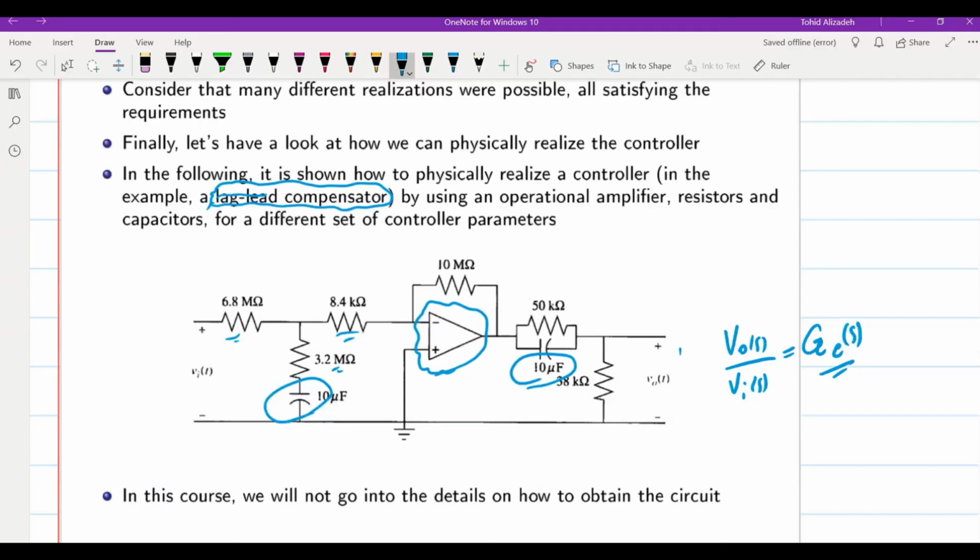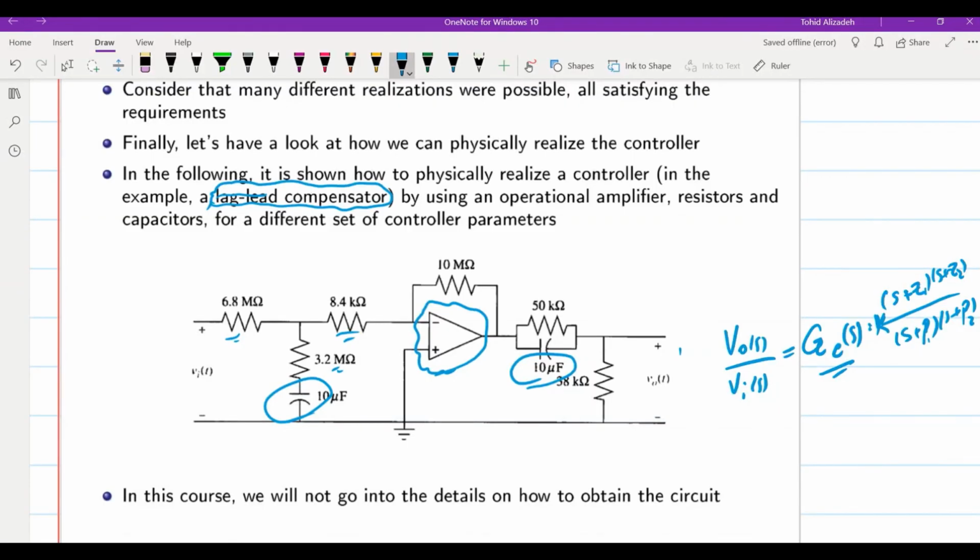You can try to find it. It will be in the form of S plus Z1 times S plus Z2 over S plus P1 times S plus P2, because this is a lead lag controller with a gain.